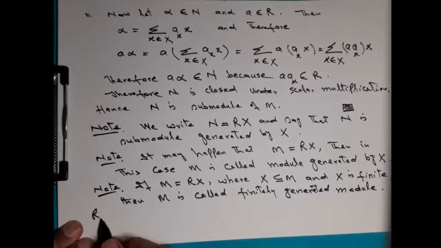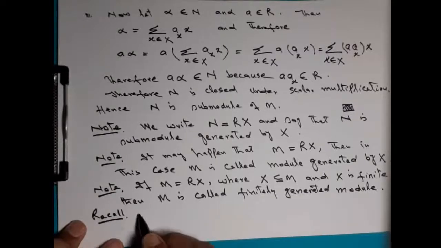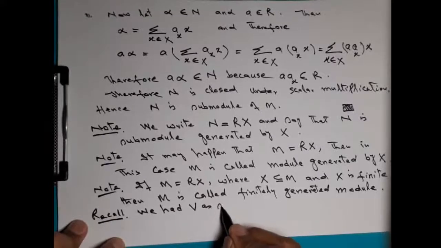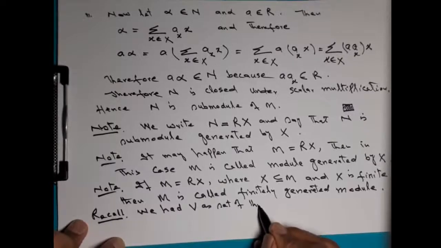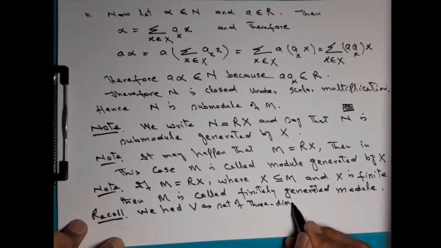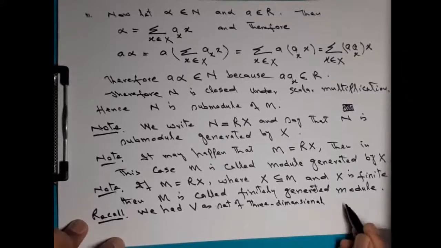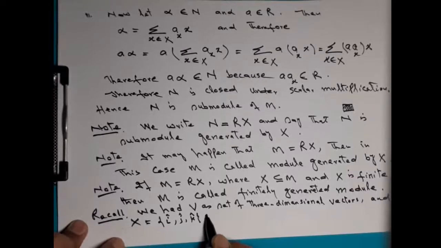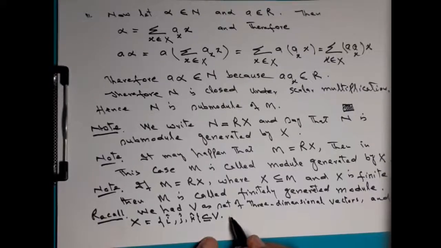And let's recall that we had V as the set of three-dimensional vectors, and we had x as i, j, and k, which is a finite set, and this is a finite subset of V. Further, we have noted that V is equal to Rx.